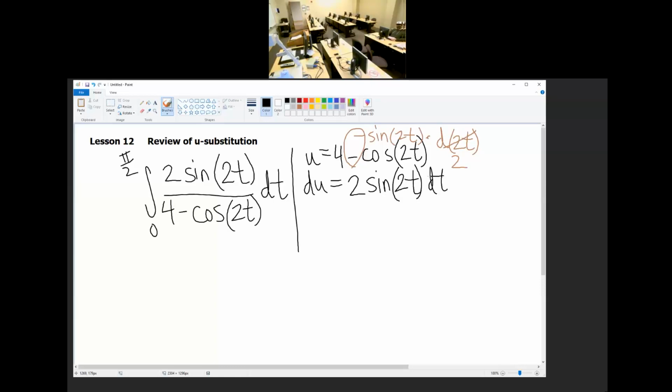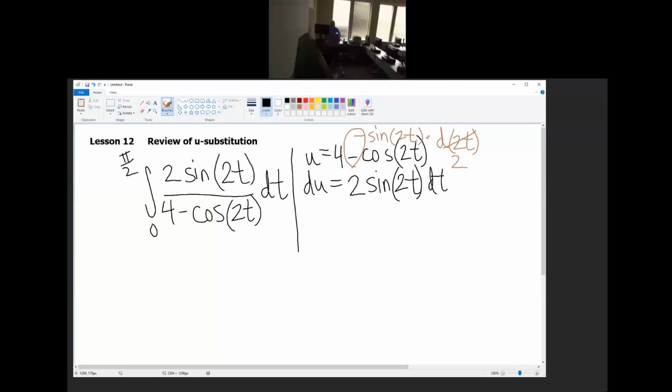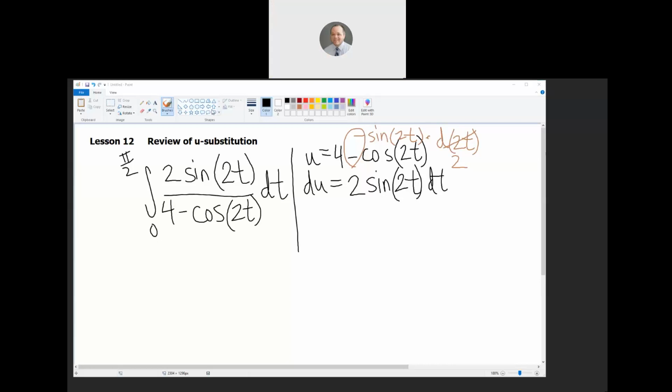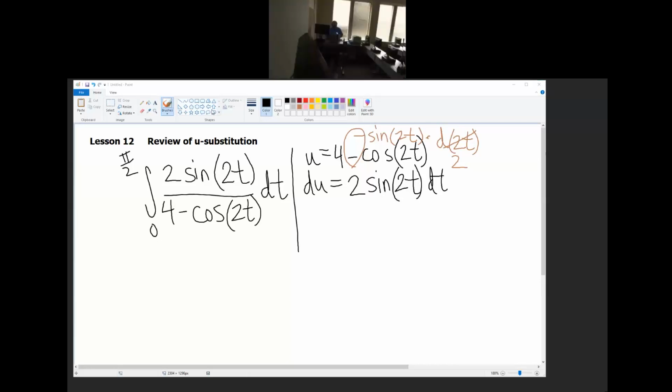Now, we don't have to divide or multiply by a number, because if you look in your original problem, you see that we have 2 sine of 2t dt already in our problem.